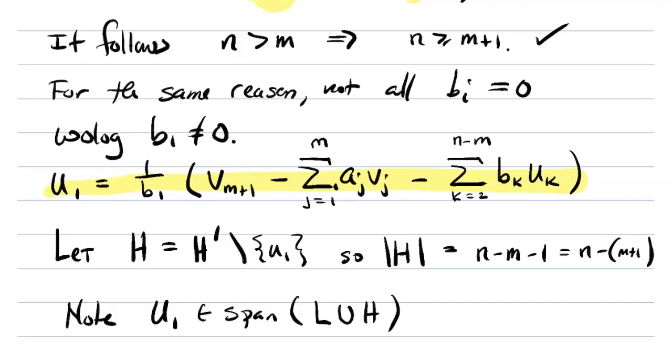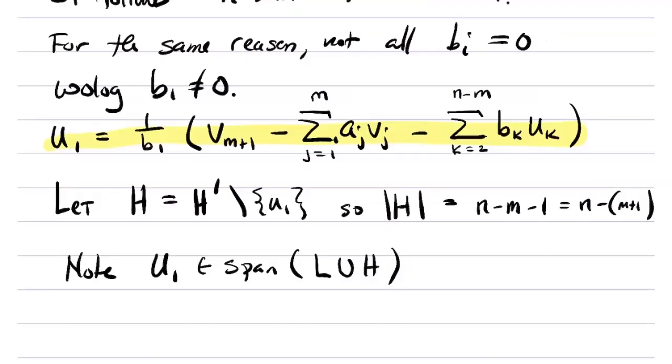U1 is in the span of L union H. But if we drop off the Vm plus 1, if we just look at L prime union H prime, that is certainly a subset of L union H. Sorry, that's not true, because of U1.